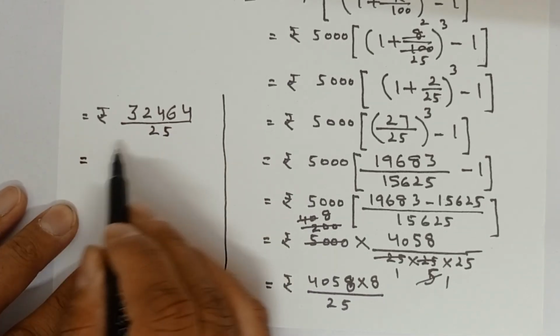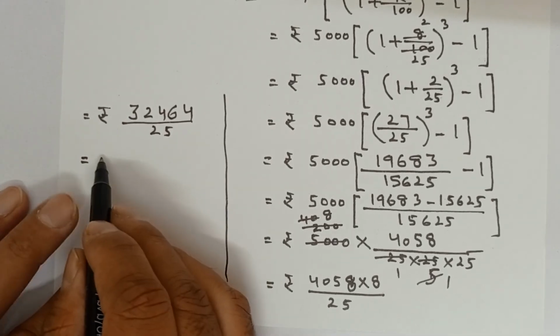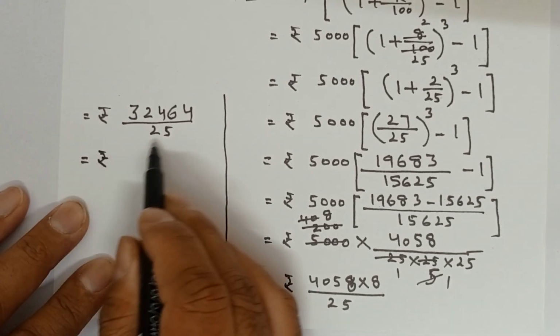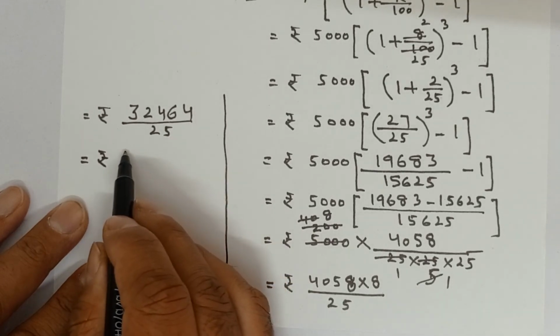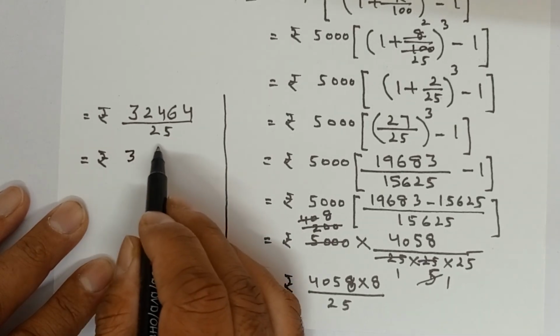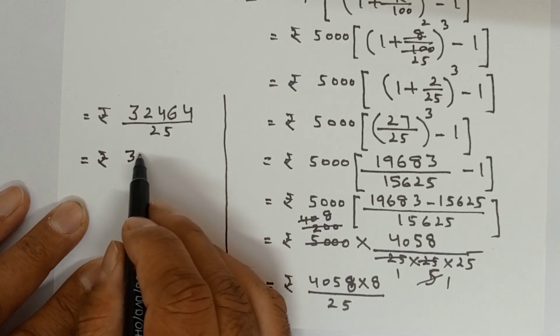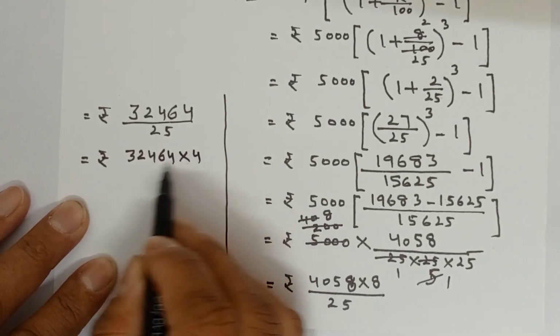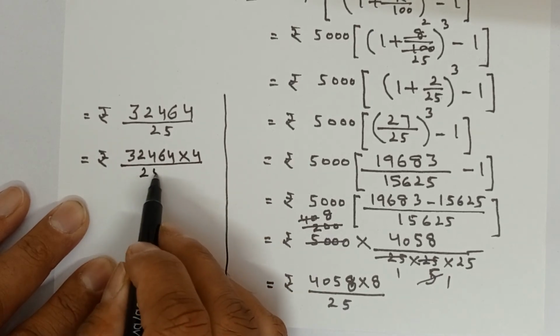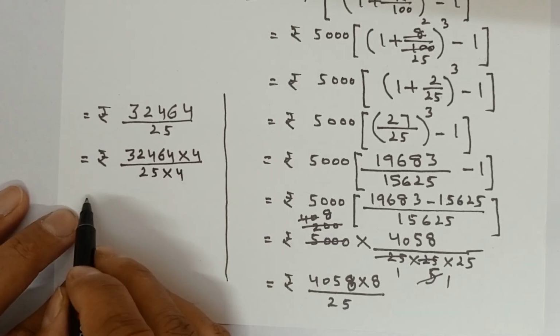Either you can divide it by 25 directly, or do one thing simple. You make the denominator 100. How will you make that? By multiplying with 4. So if you multiply the denominator with 4, then multiply the numerator also with 4. And why are we doing this? So that the calculation becomes easy.